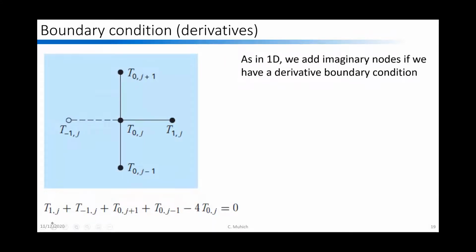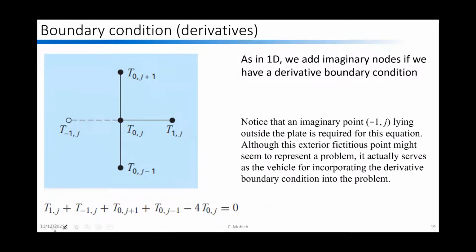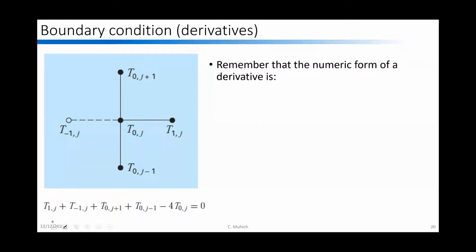So what we need to do is add in a set of imaginary nodes. These imaginary nodes are going to control that temperature and give us our boundary condition. So we're going to implement an imaginary node where we need it. Okay, so how we're going to do this is remembering what my numeric form of my derivative is.